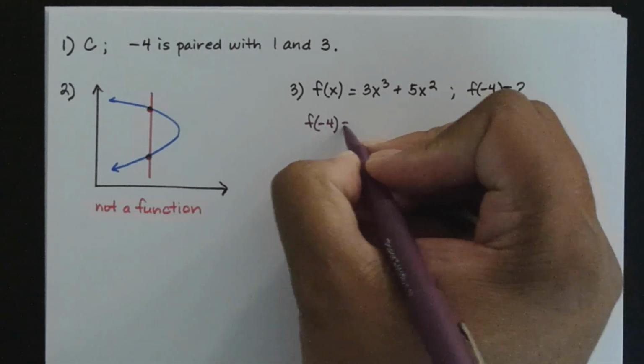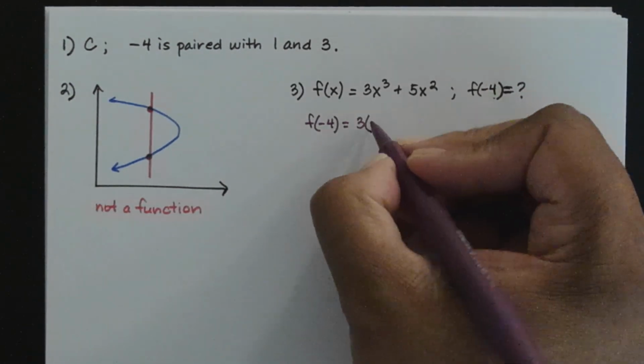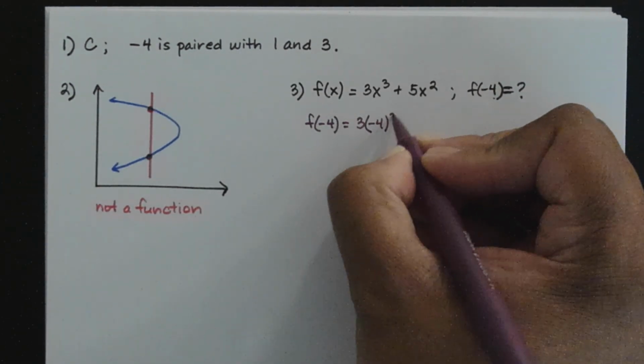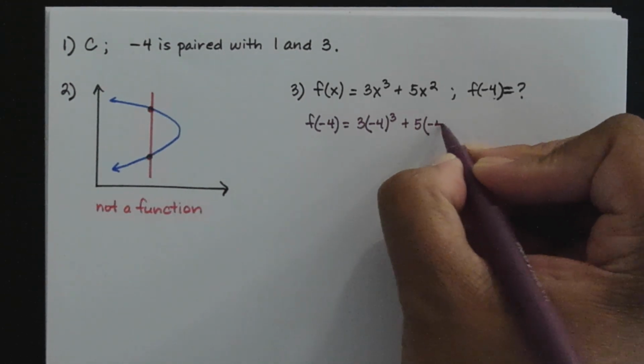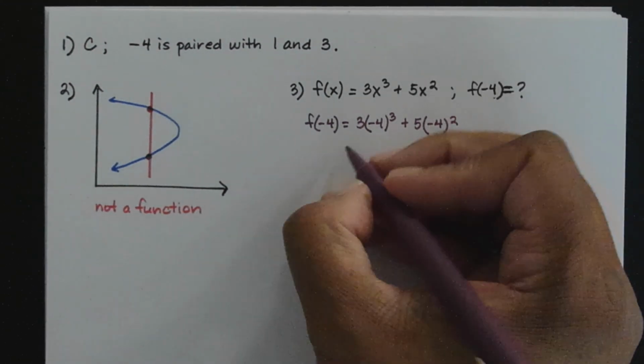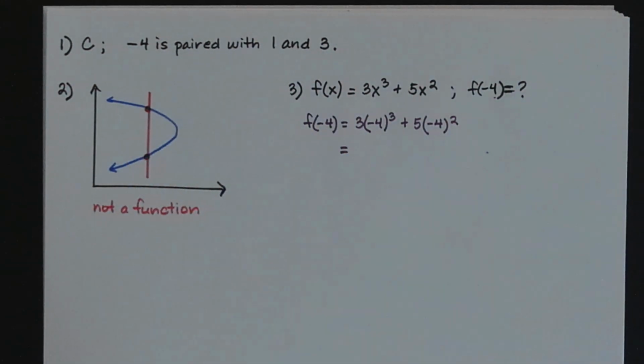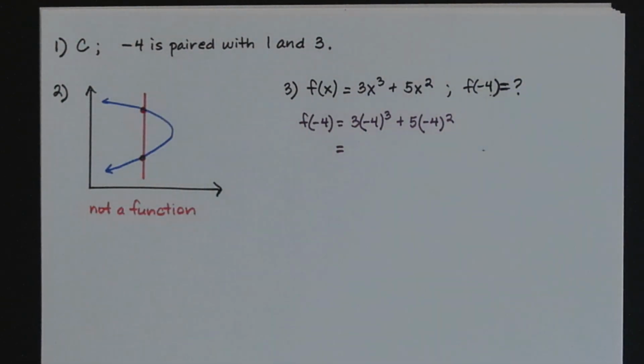So f of -4, that would be 3 times x, which is -4, and that's cubed, plus 5 times x, which is -4, and that's squared. And you are allowed to use your calculator, but do make sure that you bring your own calculator or something to write with, along with your one-page sheet of notes.